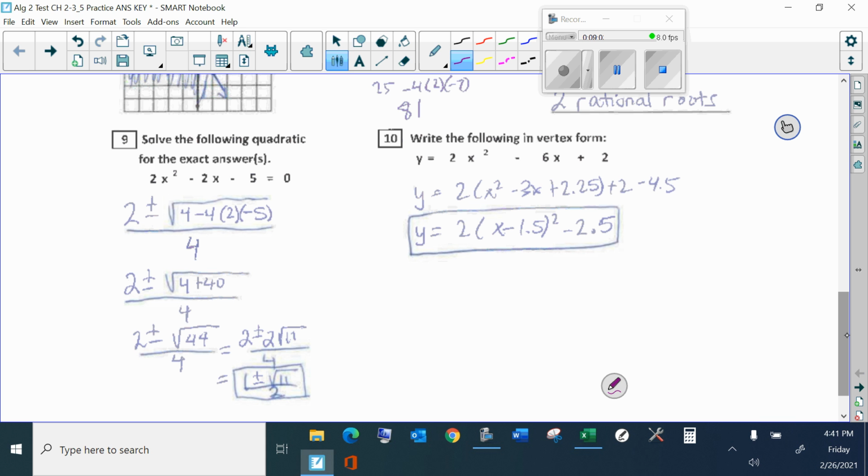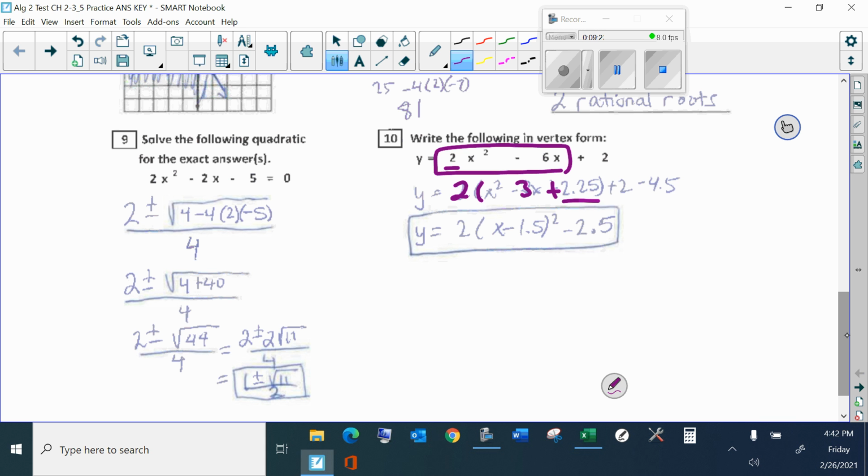And lastly, writing the following in vertex form. Since this is a 2, I must factor out a 2 from these. And so I have the 2 out front, and I get x squared minus 3x. I divided by 2. Then I have plus a blank, okay, to complete that square.